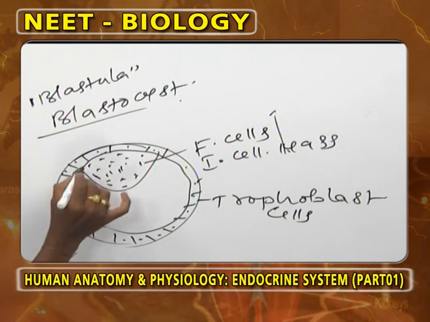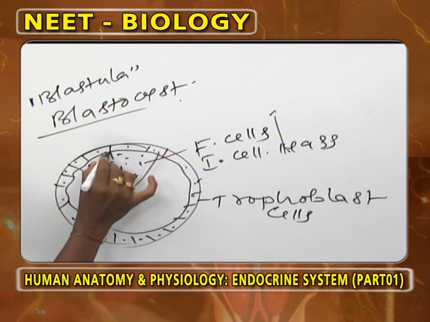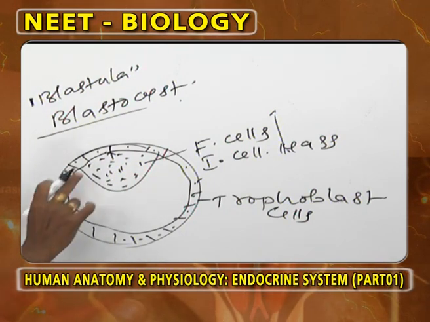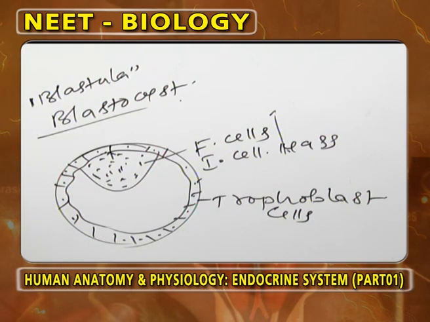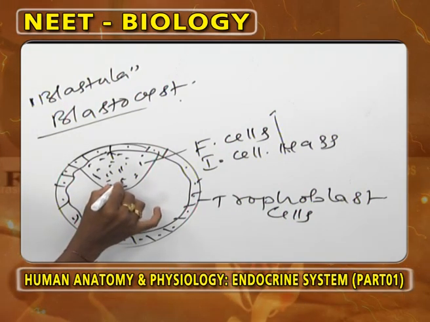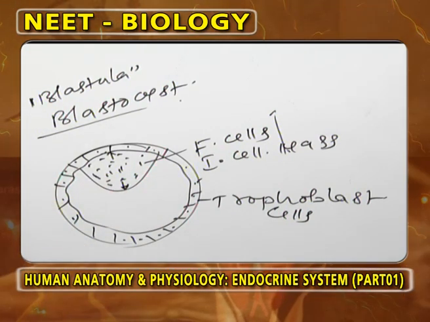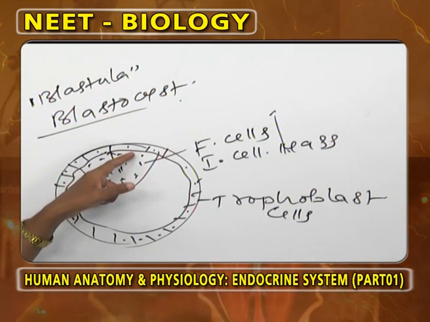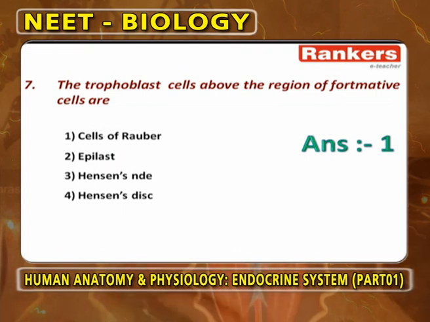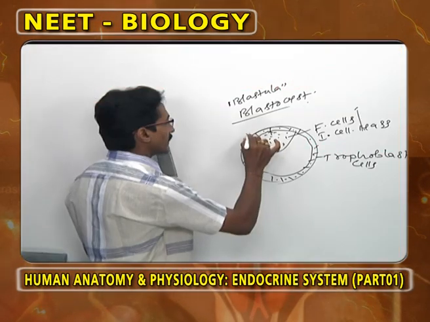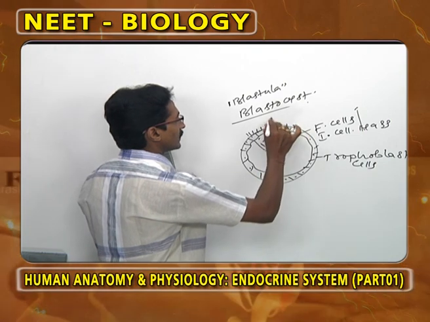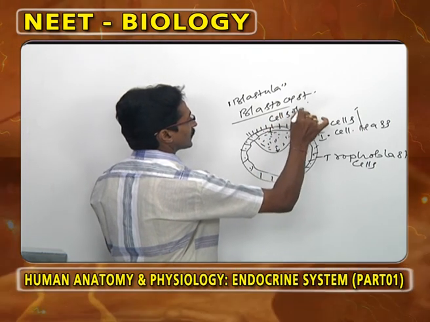Now you observe, this arrow mark indicates the dorsal side of the formative cells, and this arrow mark indicates the ventral side. Now here you observe the question, the trophoblast cells above the region of formative cells. All these are formative cells. Above the formative cells, the trophoblast cells are called the cells of Rauber.